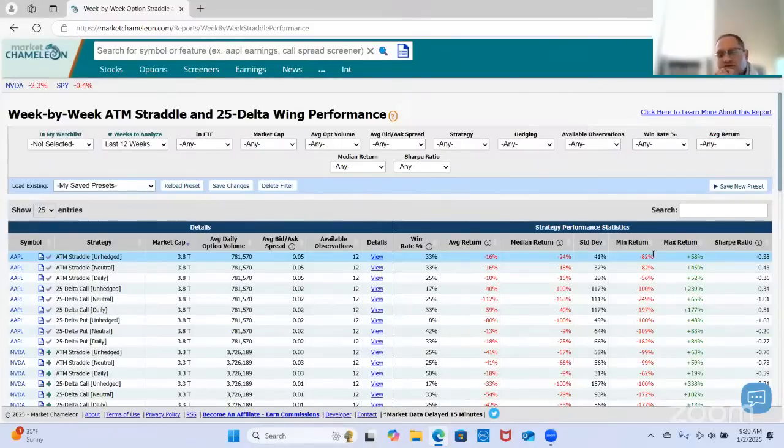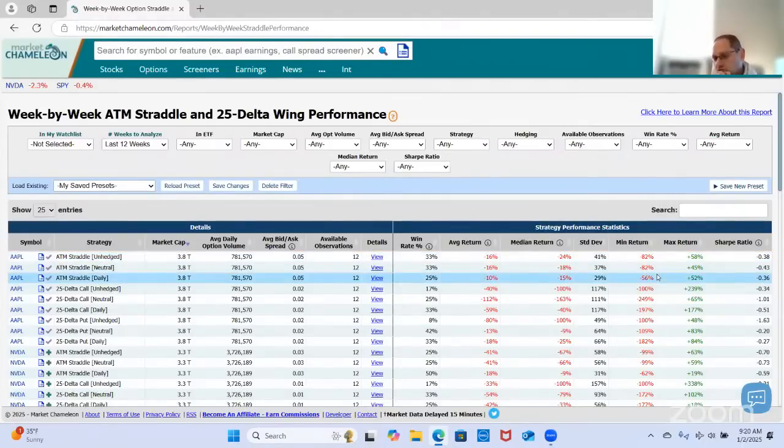What else can we learn from our data set? Well, why not look at the best return in the last 12 weeks and the worst? If we sorted it from highs to lows, what was the highest return in this straddle? Was it 100%, 200%? And what's the worst? In this situation, the worst return was negative 82%.